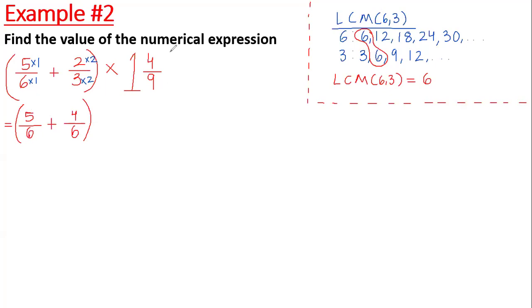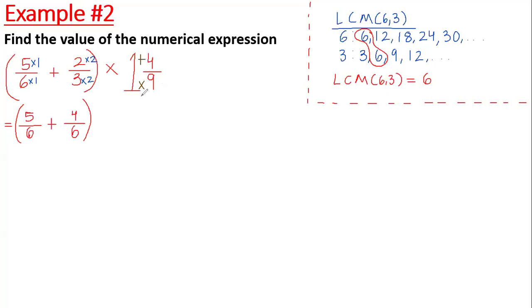Multiplied by, what we're going to do to this mixed number, we're going to change it into an improper fraction. How are we going to do that? Multiply 9 times 1, then add 4. Very good.